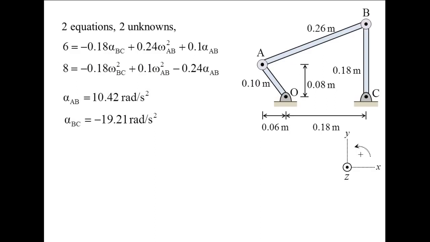The angular acceleration of link AB is 10.42 radians per second squared in the counterclockwise direction. The angular acceleration of link BC is 19.21 radians per second squared in the clockwise direction.